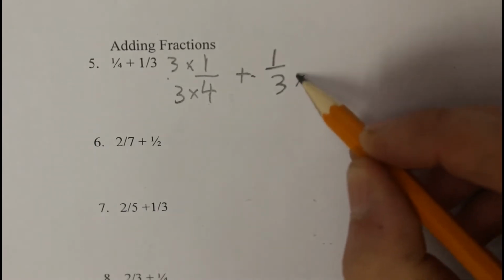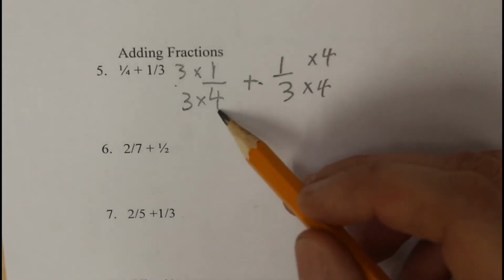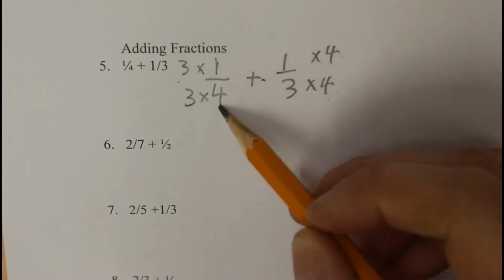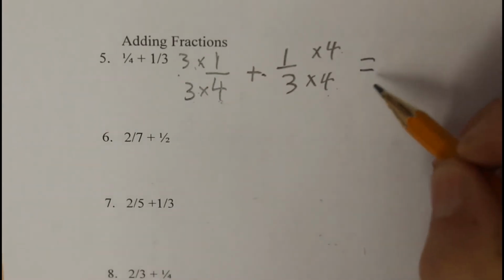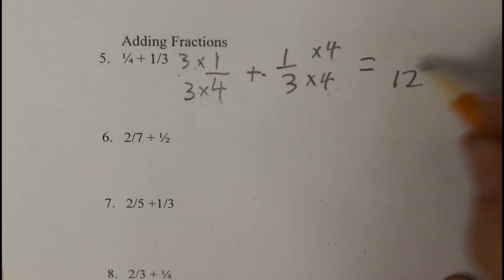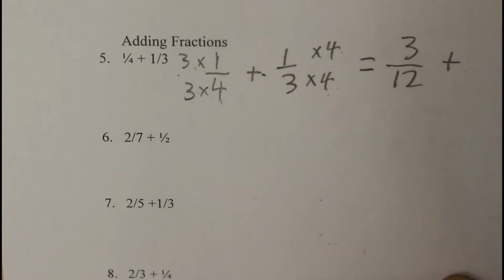4 times. You can also just take the other number's denominator and multiply it. So I'm going to multiply the top and the bottom by 4. I'm going to multiply the top and the bottom by 3 on the other side. So that gives us 3 times 4 is 12. 3 times 1 is 3, plus 1 times 4, 3 times 4 is 4 over 12.